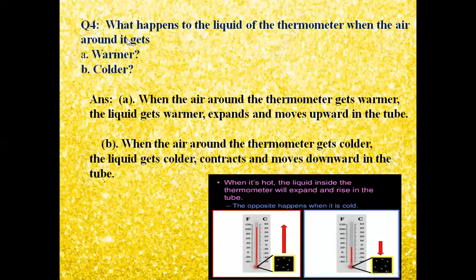Question number 4. What happens to the liquid of the thermometer when the air around it gets warmer or colder? When the air around the thermometer gets warmer, the liquid gets warmer, expands and moves upward in the tube.